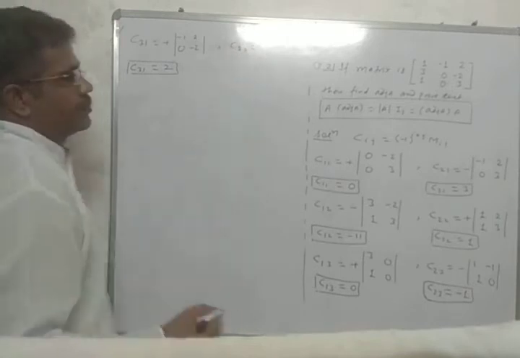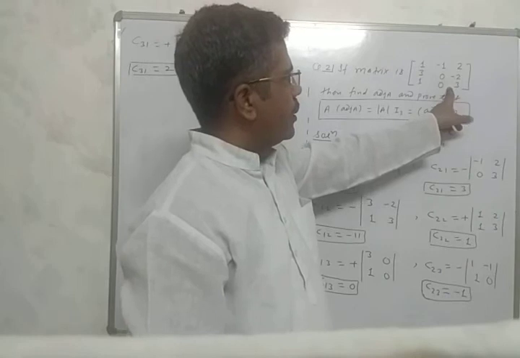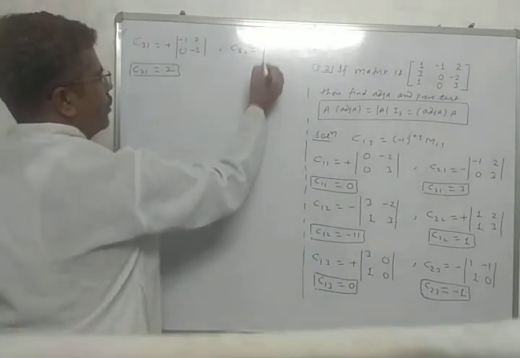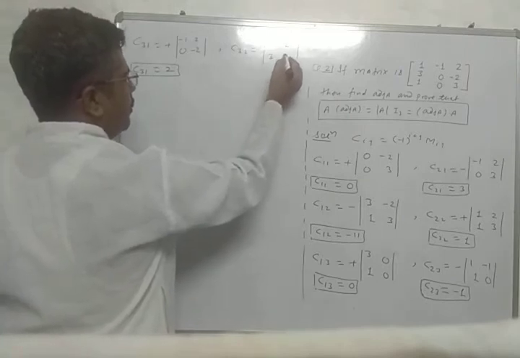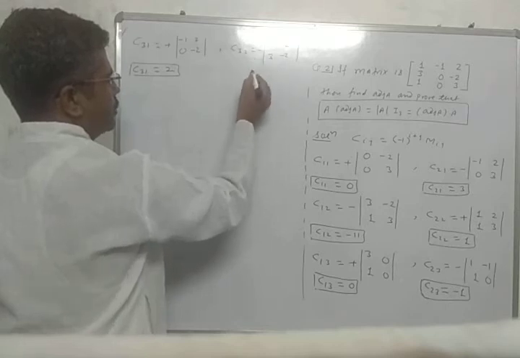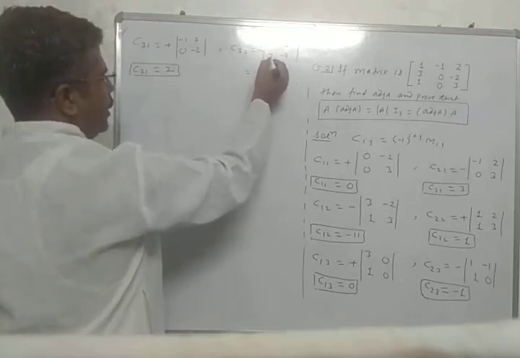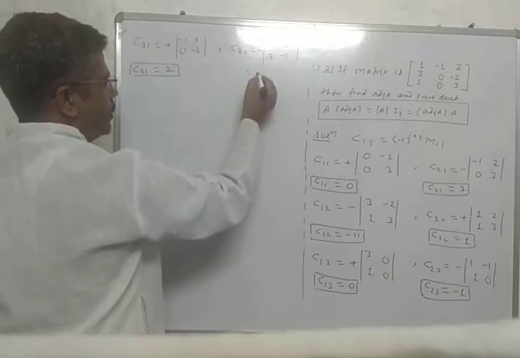C32: this column and this row are deleted. 1, 2, 3, minus 2, and C32 is negative. So minus 2 and minus 6, minus 8 and minus minus plus.